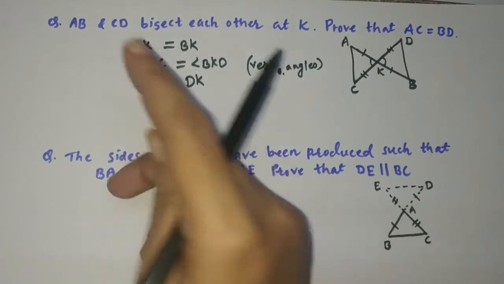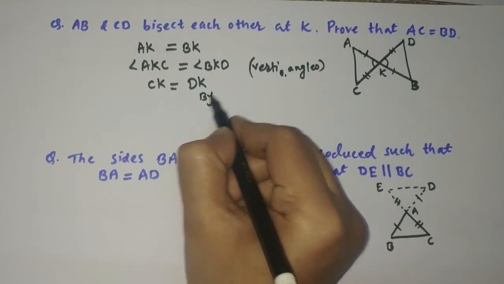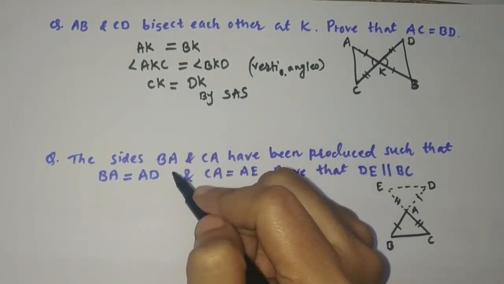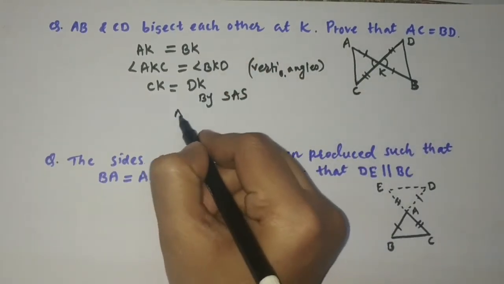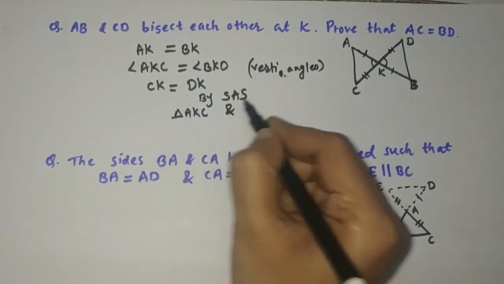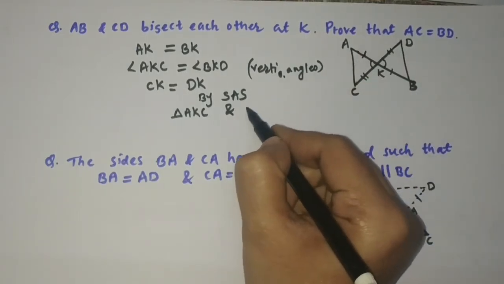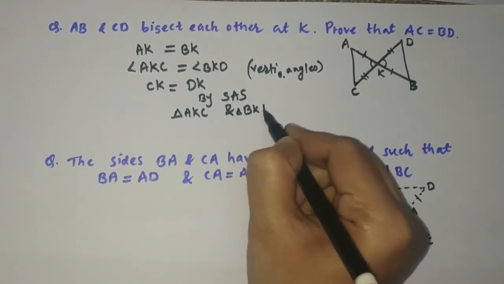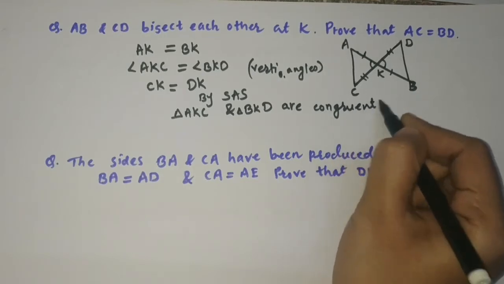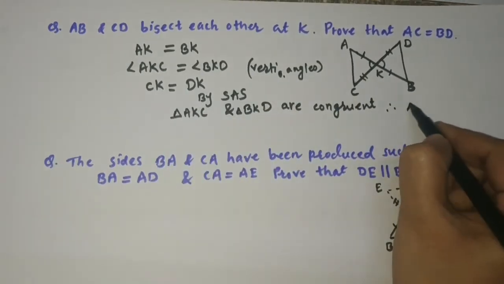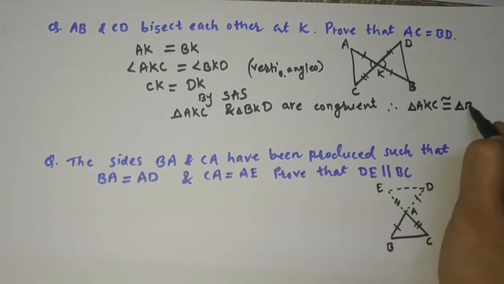So now you can see that this is side angle side, by SAS criteria. By SAS criteria, I can say that triangle AKC and triangle BKD are congruent. So if they are congruent, you can write, therefore triangle AKC is congruent to triangle BKD.